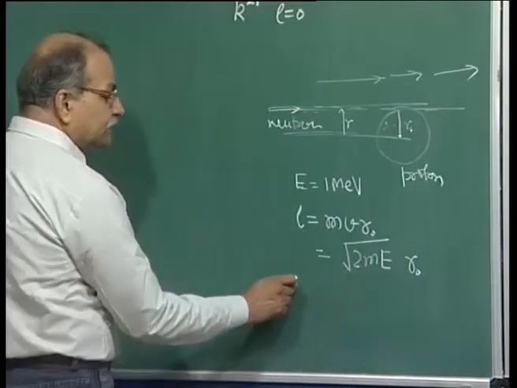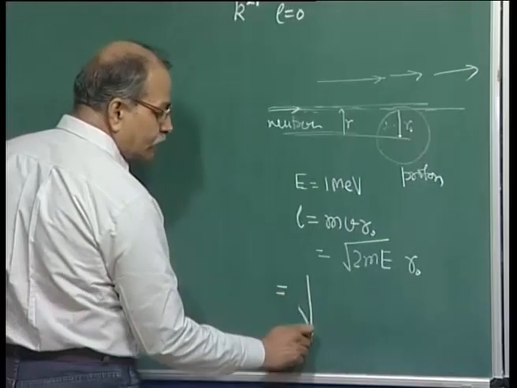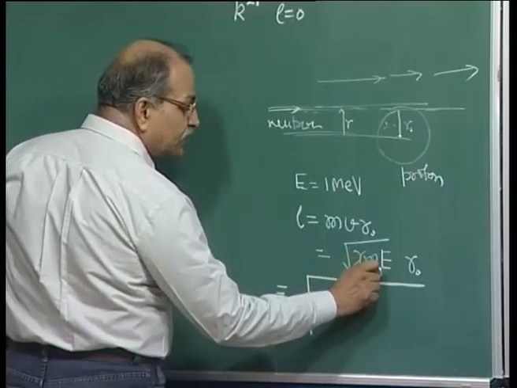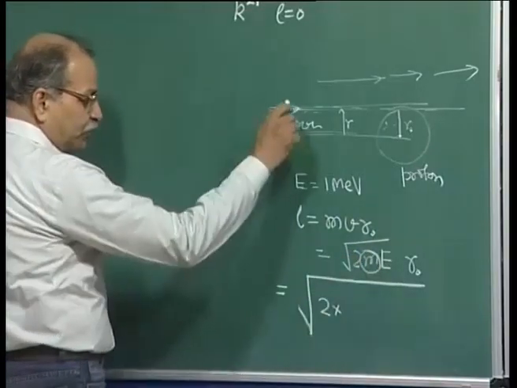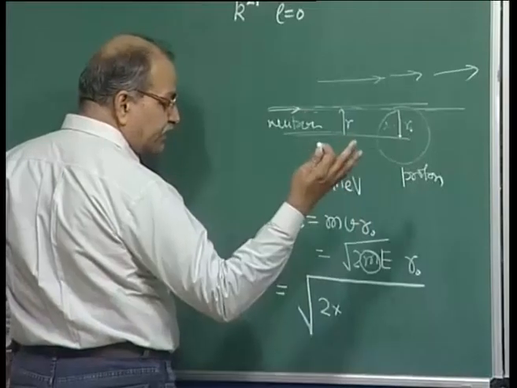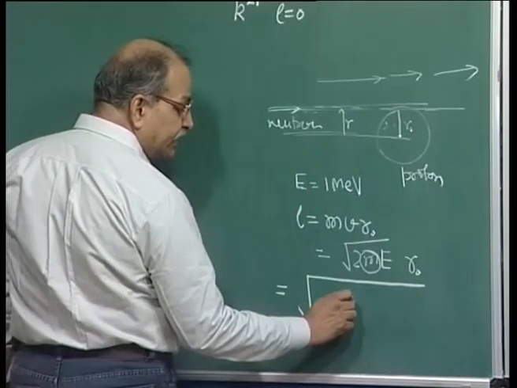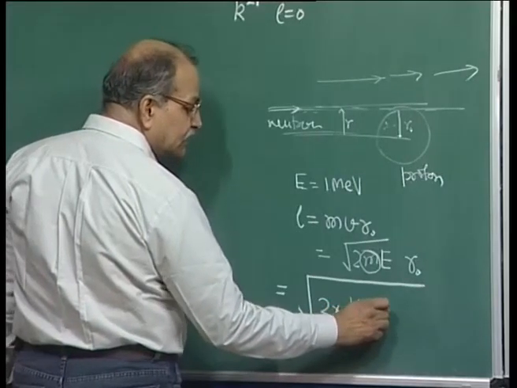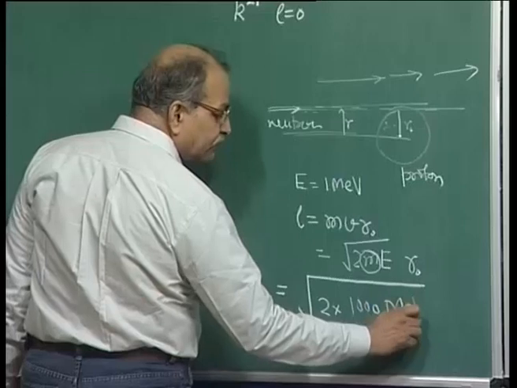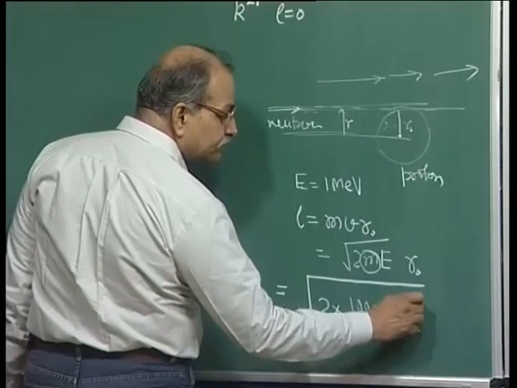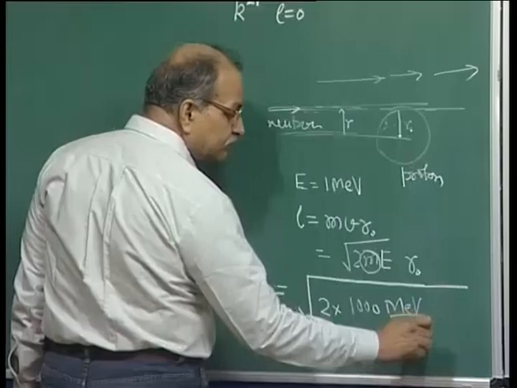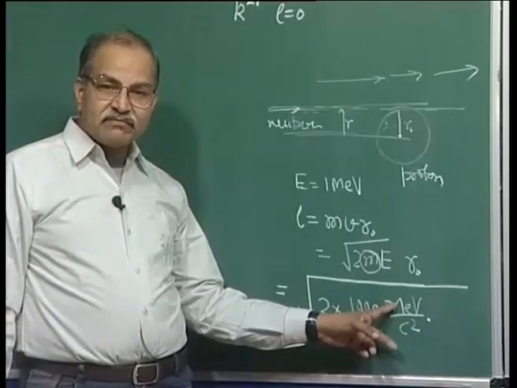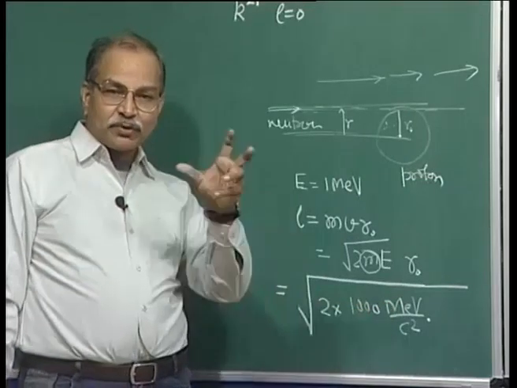Now, what is this? 2 times the mass of the particle. The mass of this proton is some 938 MeV or so. Let me write it as 1000 MeV to make quick calculations, and mass is in MeV by c squared, because mc squared is 938 MeV, the proton rest mass energy.